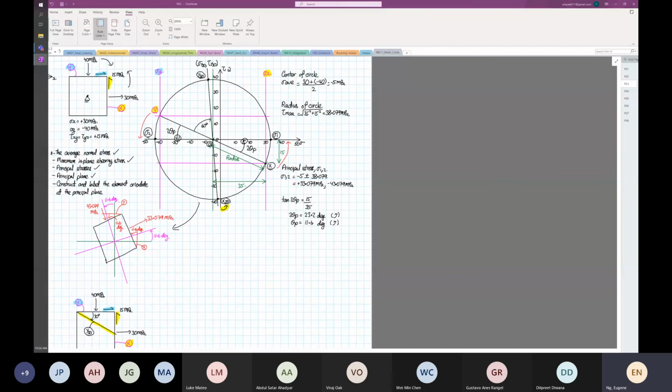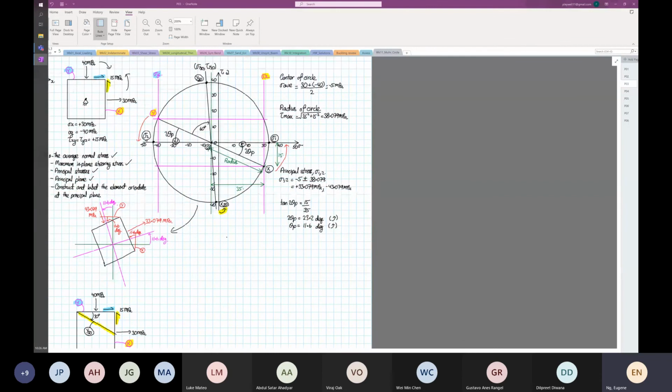On the other end, I want to see if any of you see the words just shift, just let me know. At the other end, we have our normal stress x30 and the shear x30. So let's try to find these values.